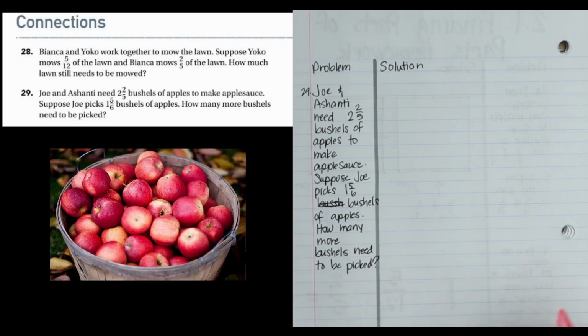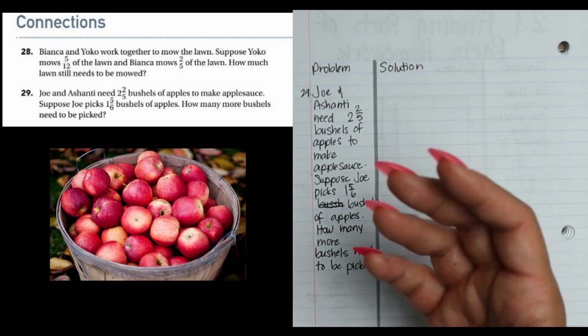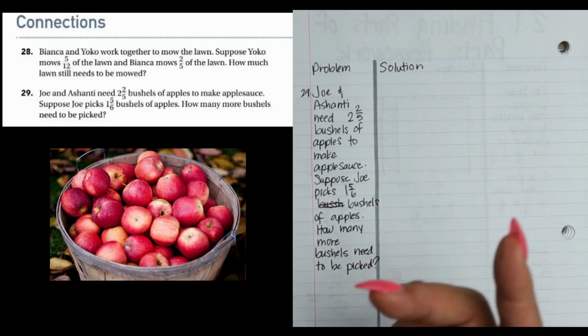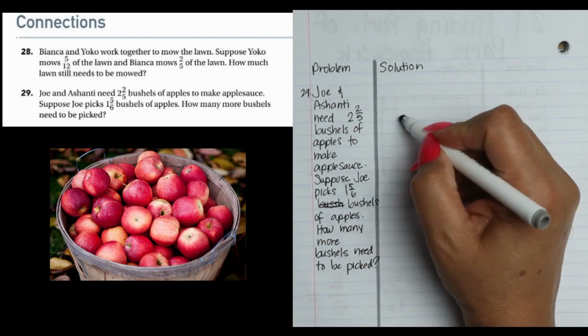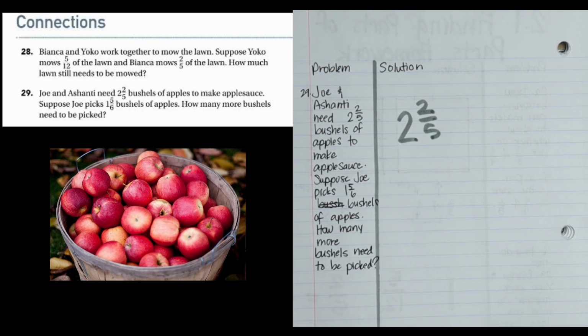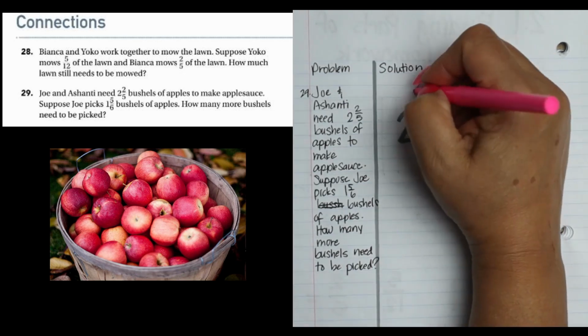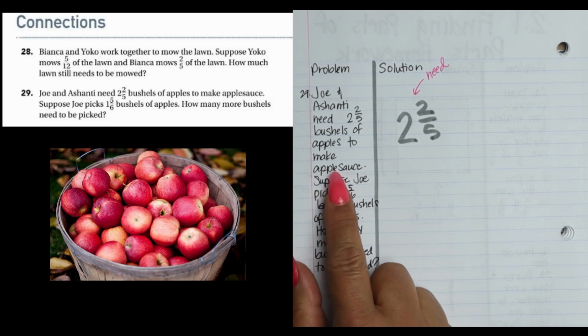Again, it's not asking you to draw a picture. It's just asking you to find out how many more bushels need to be picked. I didn't know what bushels were, so I found a picture and that's what it looks like. It's just a basket of apples, a bushel. So if Joe and Ashanti need this much, 2 and 2/5, that's how much they need to make applesauce.